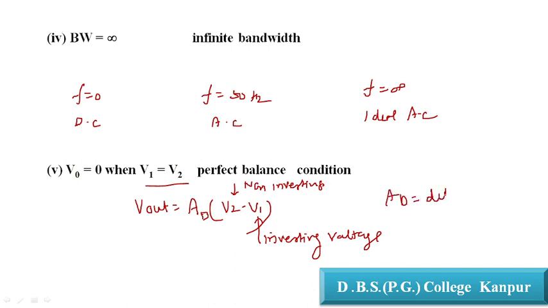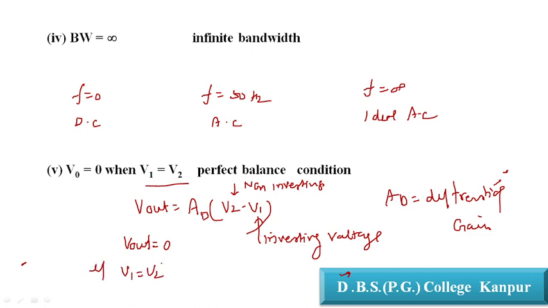So if V1 बराबर V2, अगर V1 बराबर V2 होता है तो आउटपुट वोल्टेज क्या हो जाएगा, जीरो. दैट कंडीशन इज कॉल्ड परफेक्ट बैलेंस. ओके, परफेक्ट बैलेंस मीन्स आउटपुट वोल्टेज जीरो इफ V1 बराबर V2.